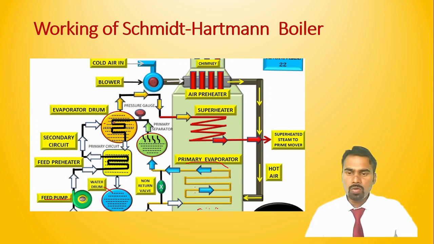It gives heat to this water, or saturated steam, where the separation of the water and steam takes place, and this steam we can send through this pipe towards the superheater coil, where the superheating of the steam takes place, and this superheated steam we can use for power generation by using a turbine and generator.